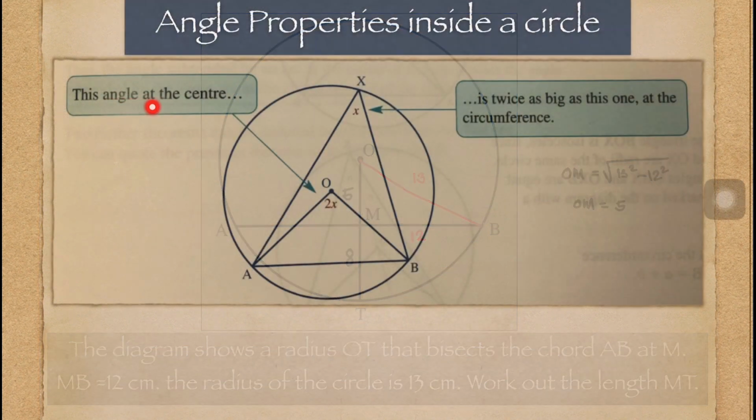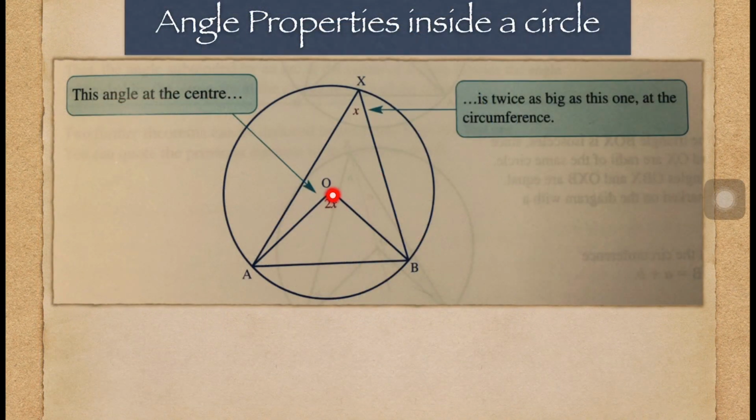Okay? Up next, angular properties inside a circle. This angle at the center, O, is twice as big as this one at the circumference, the angle X. Take note of that. That's how they are related to each other. In order to understand, let's give an example. Let's say this X is equal to 45 degrees. Then 2X is equal to 90.